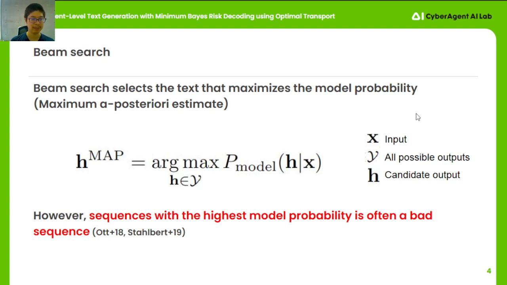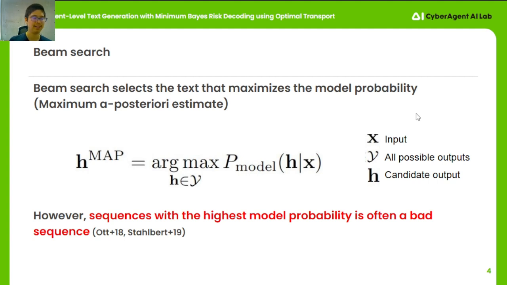That's what people realized in those years, and often the highest probability is given by an empty sequence in machine translation. That's what people found, which may not be true in recent LLMs, but it shows that the model probability is a good indicator, but it's not something to blindly rely on.